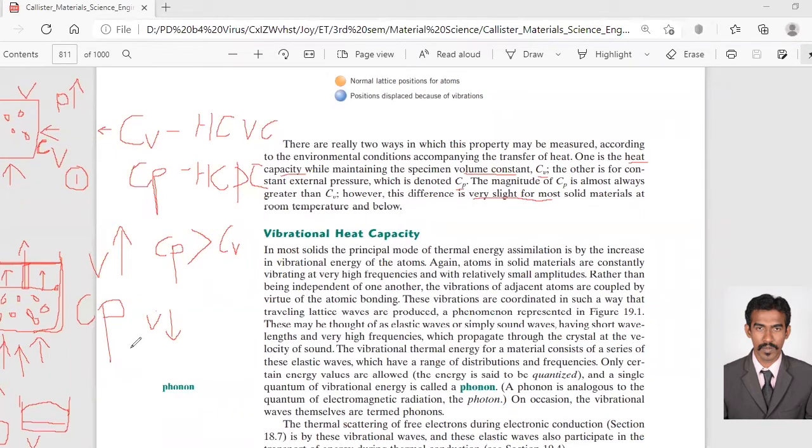The thermal expansion coefficient, which we will study in later stages, is in the order of 10 to the power minus 6, minus 5, something like that. So the change in volume, length or area is very small, particularly for solids. This is why for most solid materials at room temperature and below, the difference is slight. Cp is greater than Cv, that's true, but the difference between Cp and Cv is very, very low, okay?